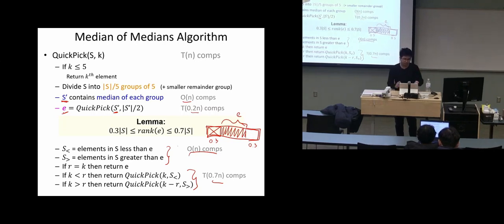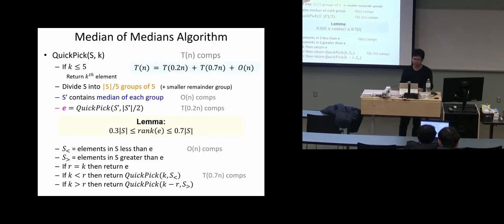No matter what, it's not going to be worse than 0.7n. So that's why you get this recursion.